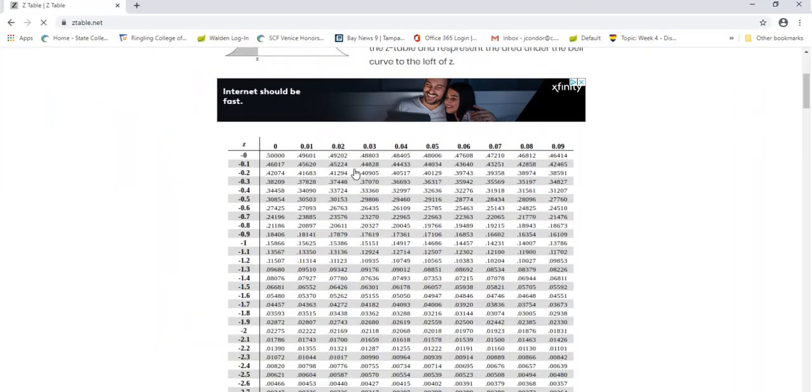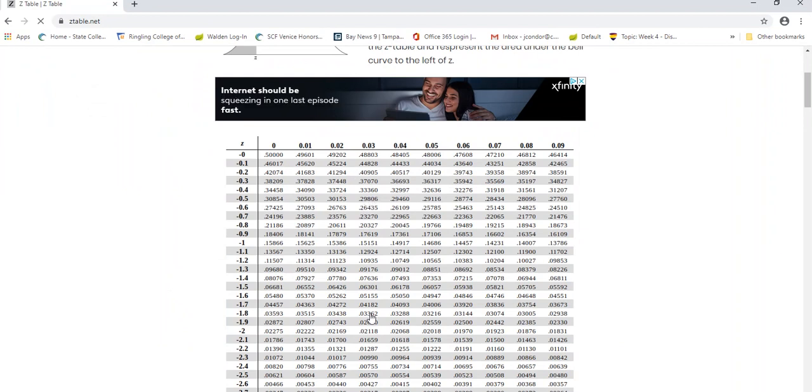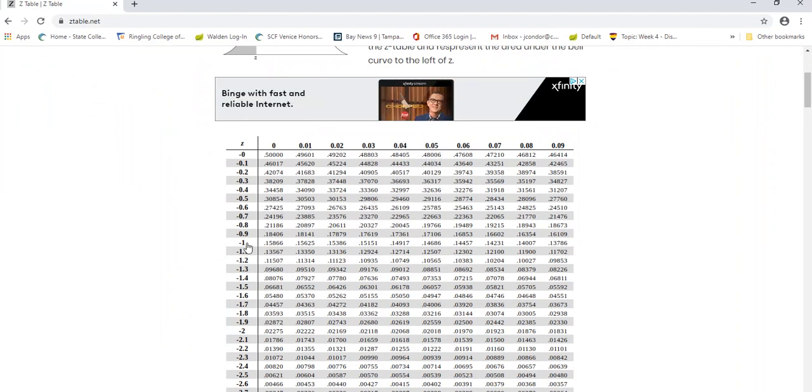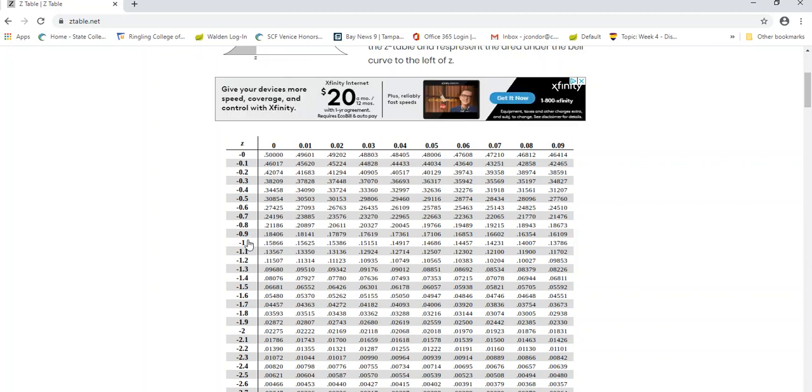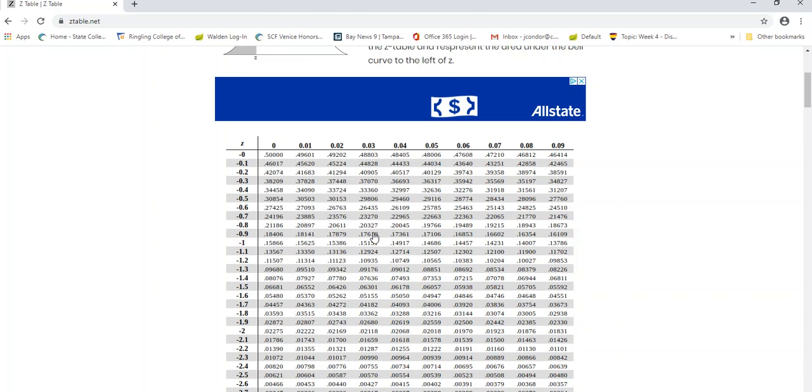So this is a better table. This one shows -1. What did we come up with exactly? Negative 0.9375. Negative 0.937. So we are about right there.